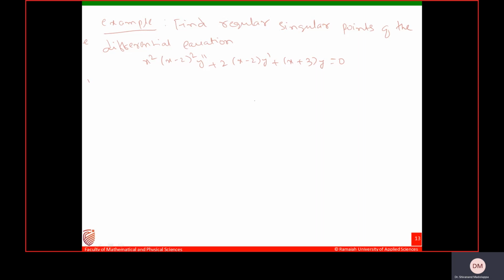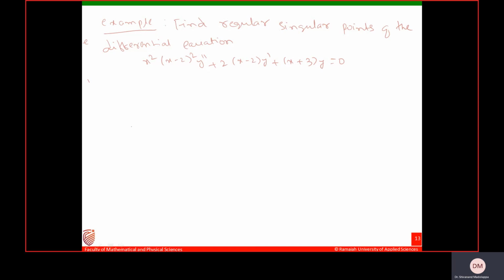We have to find the regular singular points of the differential equation. So first we will bring this equation into the standard form, then we will find the values of P1 and P2. With P1 and P2, we will find the values of Q1 and Q2. After obtaining these values, we will know whether it is a regular or irregular singular point. So now the solution.